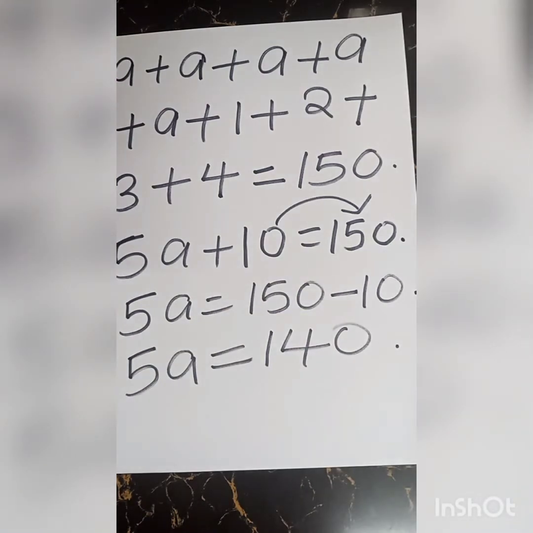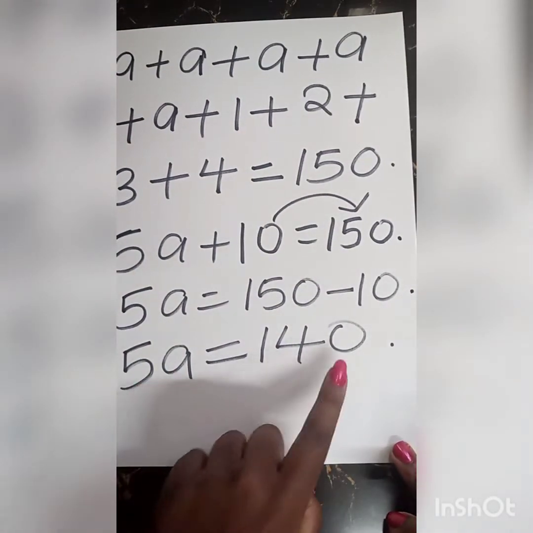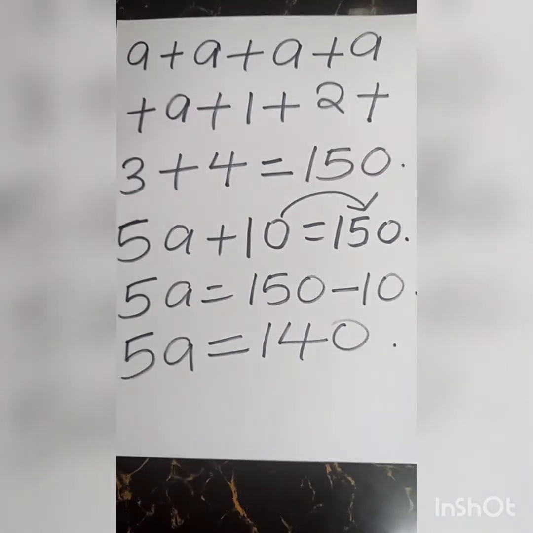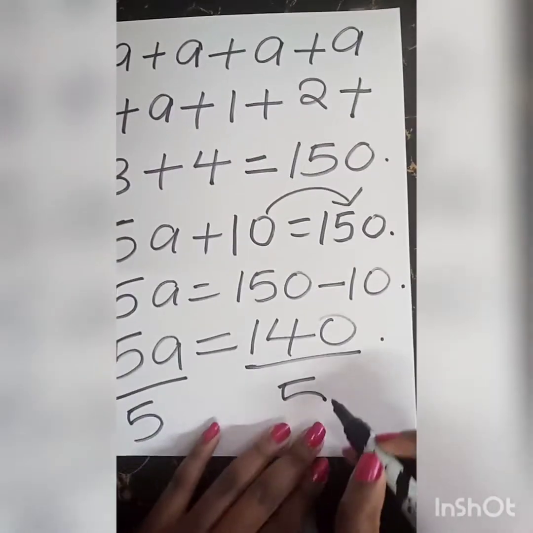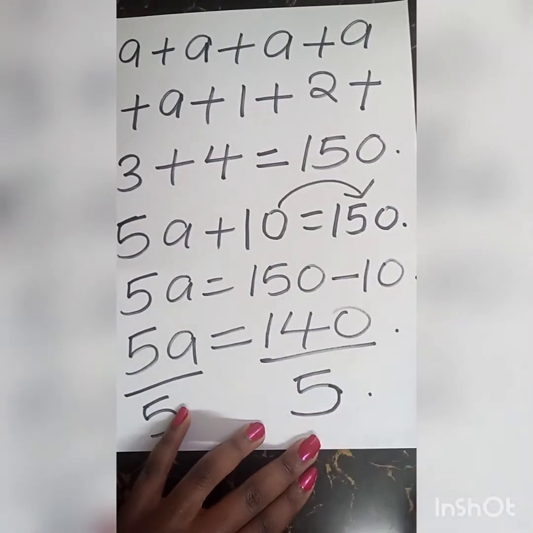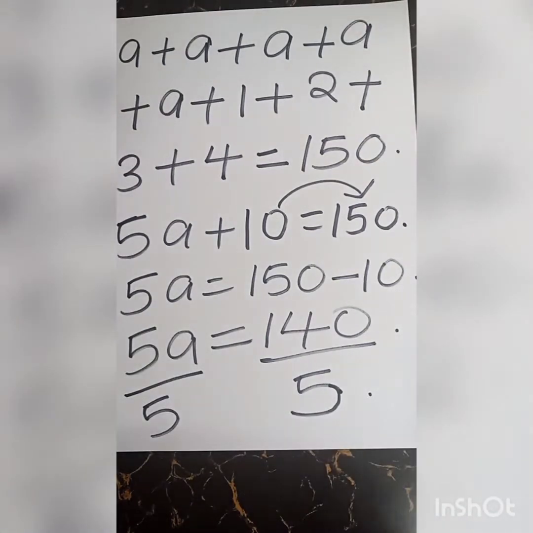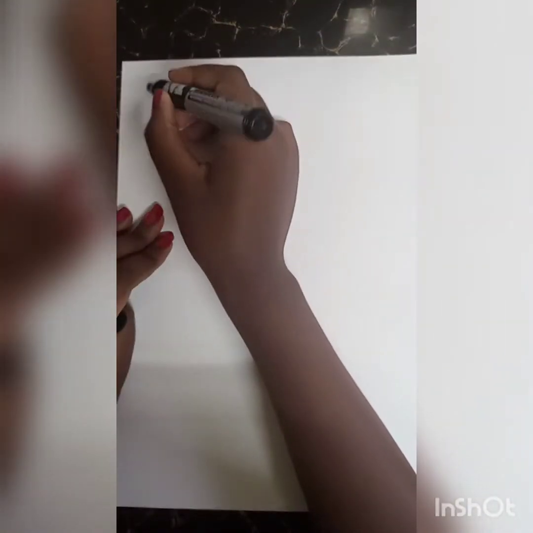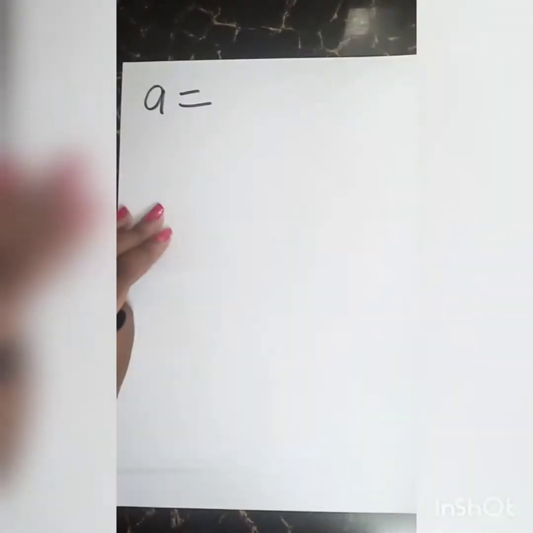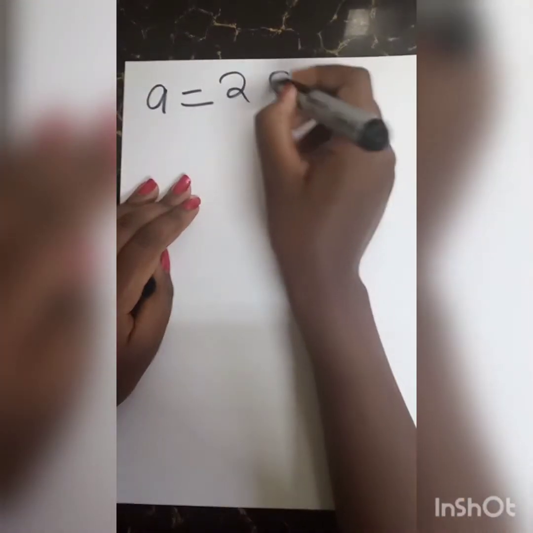So to get A, we need to divide both sides by 5 so that we're left with A, okay? 5A divided by 5 is A, and 140 divided by 5 is 28, okay?